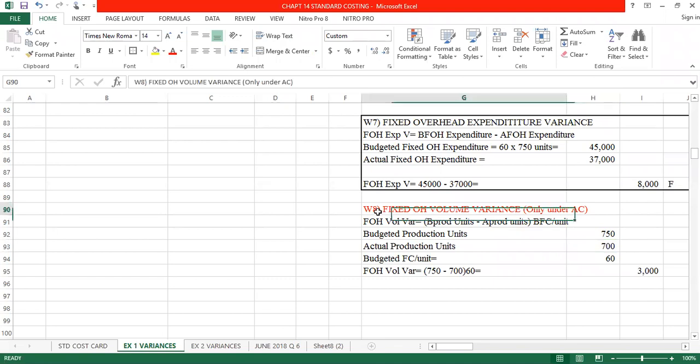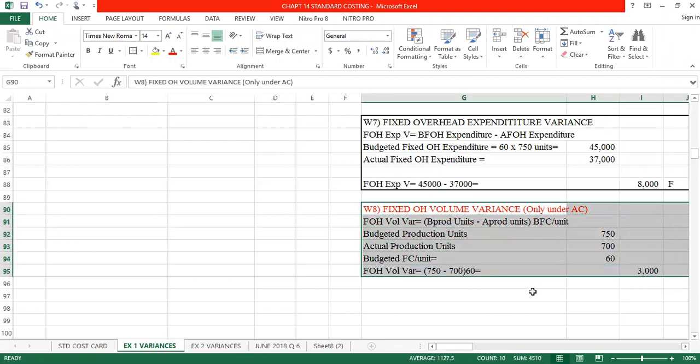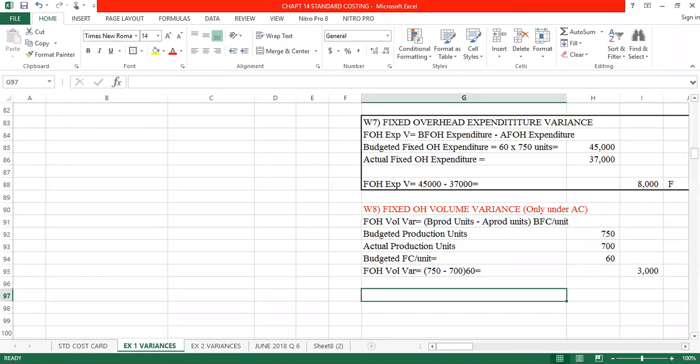That is why I'm saying this one is always a unique variance. What you produce is what you will sell. Volume of production. You had budgeted to produce 750. Remember, 750 is what you budgeted to produce and sell. You actually produced 700.